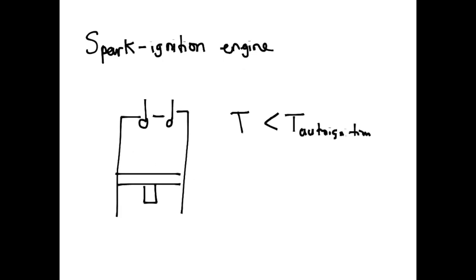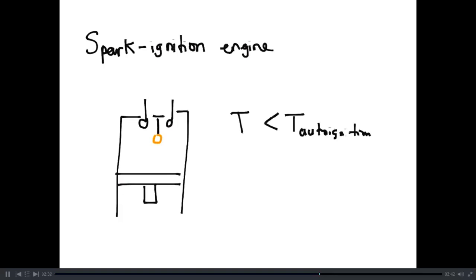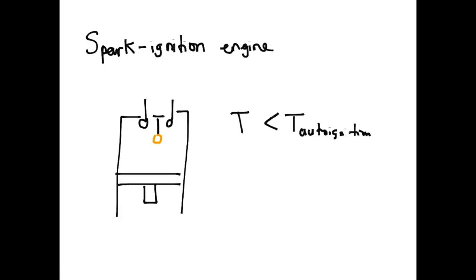So since it will not ignite by itself, you need an external spark in order to perform the combustion. This is the Otto cycle, which we're going to discuss later on, and is very common in automotive engines, for instance, in cars.